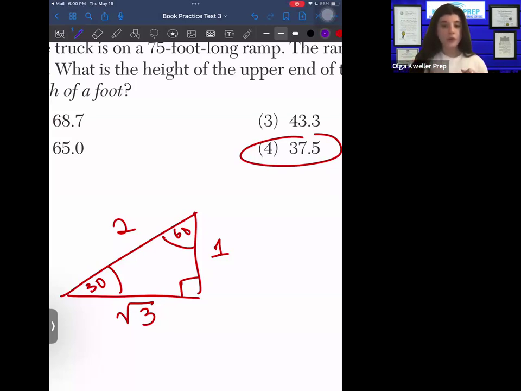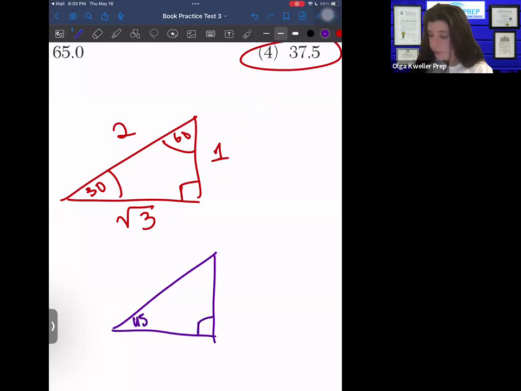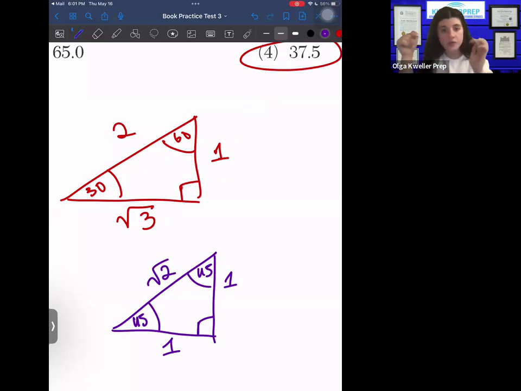And there's also a 45, 45, 90 triangle that has similar ratios that I want you guys to memorize. I'm going to draw it side by side just so we have it. And for the 45, 45, 90 triangle, the ratio is always going to be 1, 1, radical 2. And the 1, 1 makes sense, right? Because if the angles are equal, then the sides are going to be equal. It's an isosceles triangle.